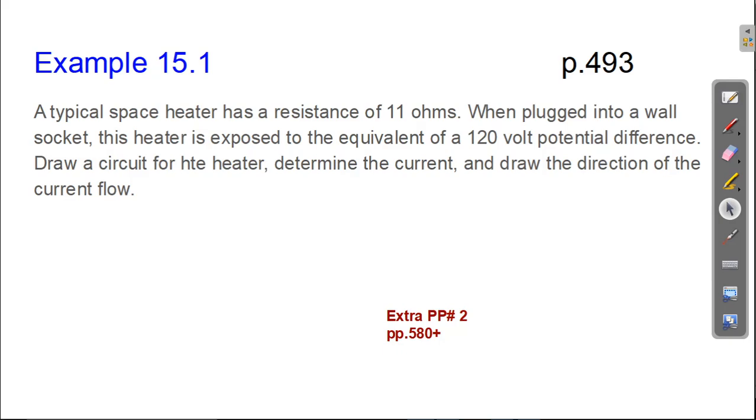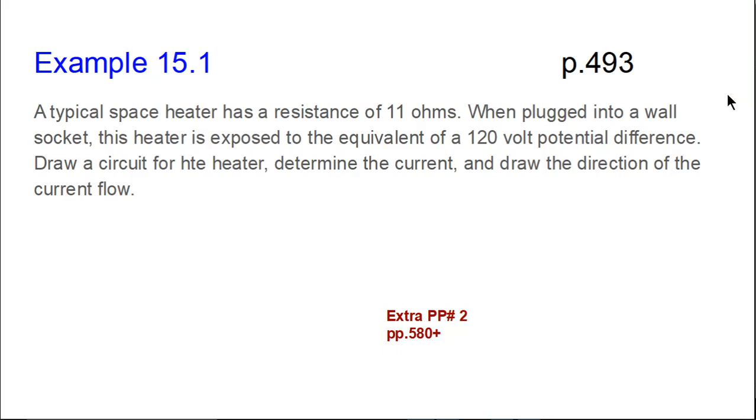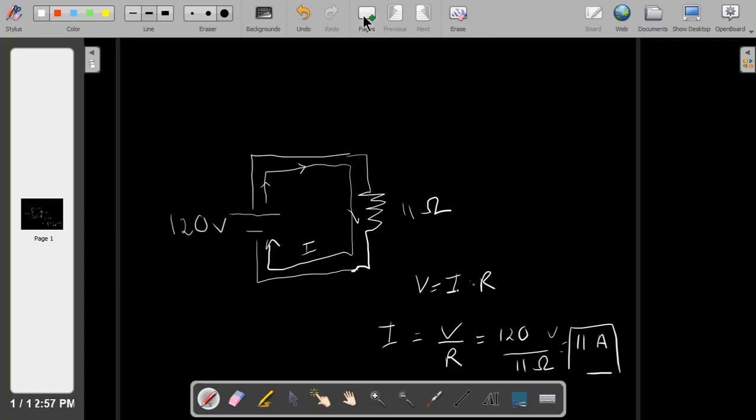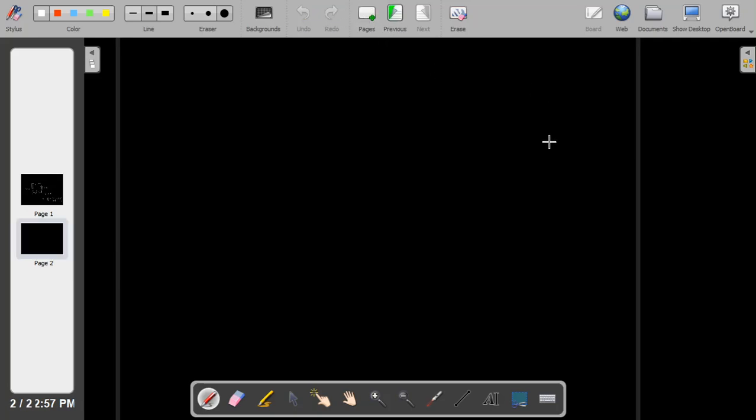So let me change again to my board right here. And for this, I'm going to use yellow. And number 2, the answer for number 2 is 6.9 ohms. So if you got this answer, you're done.